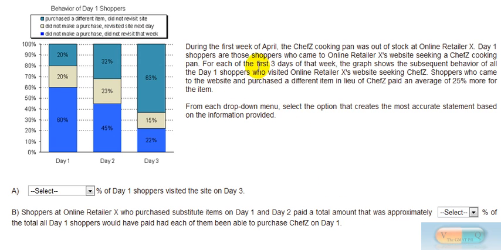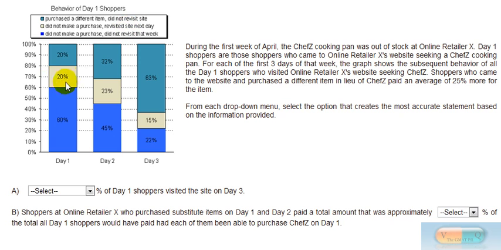So for each of the first 3 days, so this is Day 1, Day 2, and Day 3, the graph shows the subsequent behavior of all the Day 1 shoppers. So we're talking about the same group of shoppers from Day 1. Some of these guys from Day 1 revisited the site the next day.